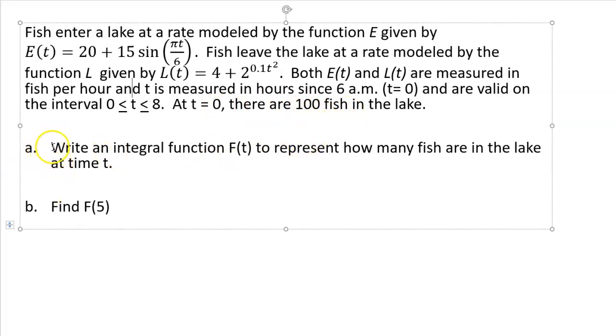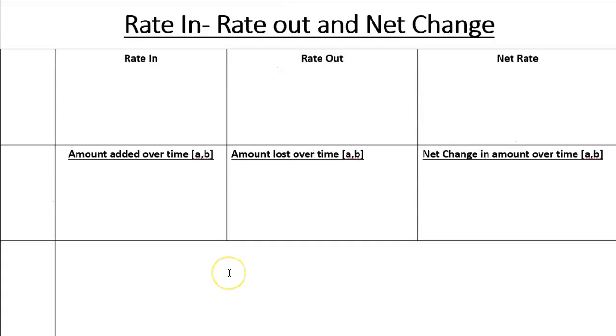Now, before I start writing these, with a rate in and rate out question, it could be a time killer, but it could also help make a lot more sense of things if you take a moment to complete this chart. So we have a rate in, and that's the E function.